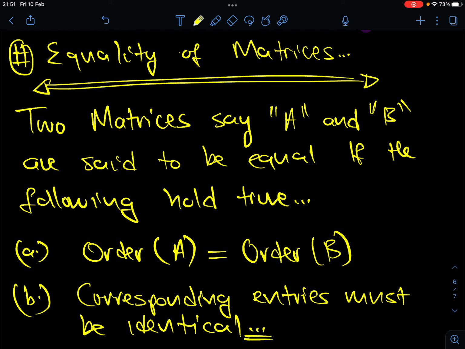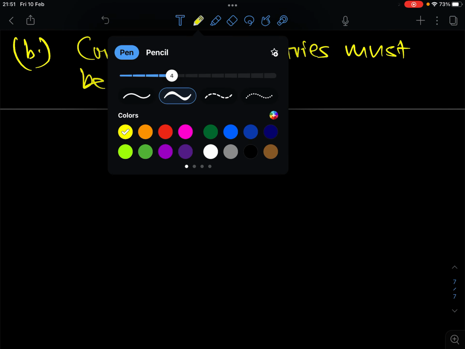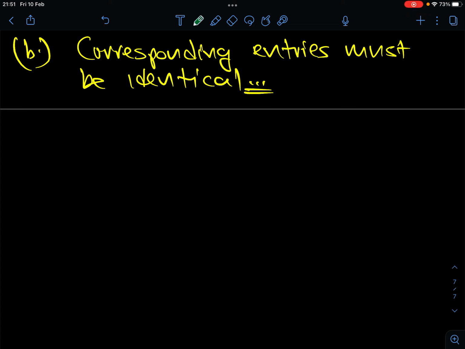What we mean by that is something like this. Let's say I have two matrices here. I have A1, A2, A3, A4, and then also P1, P2, P3, P4.